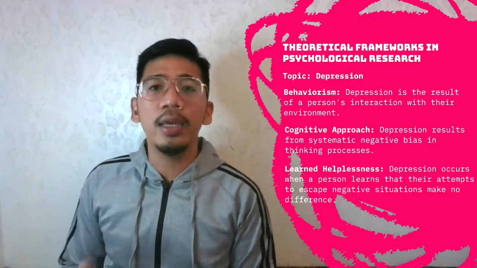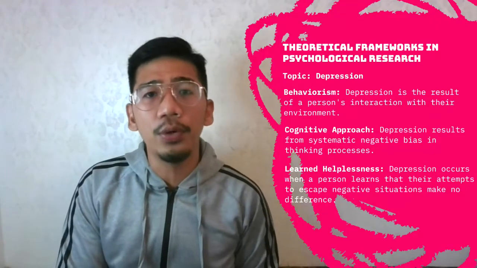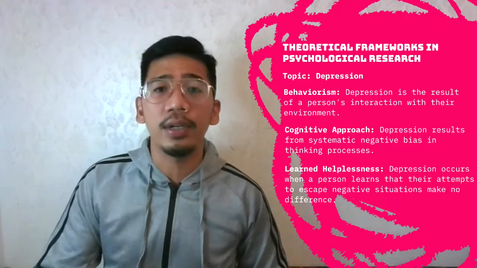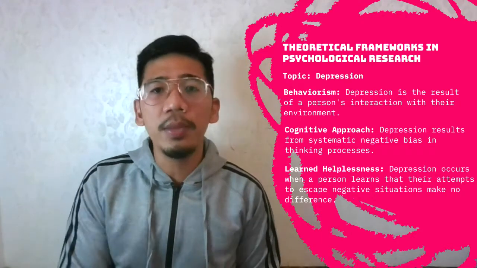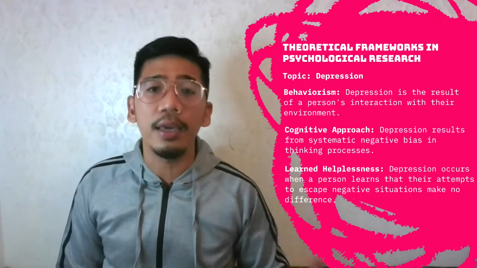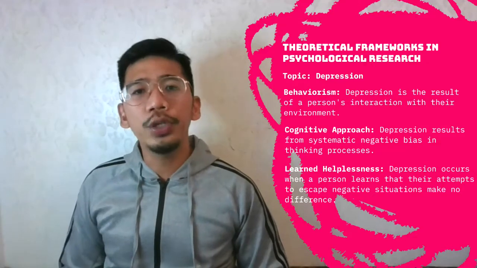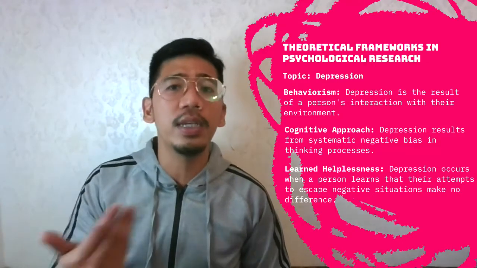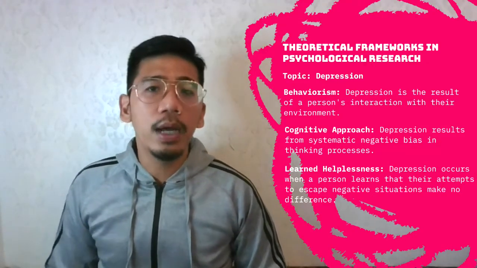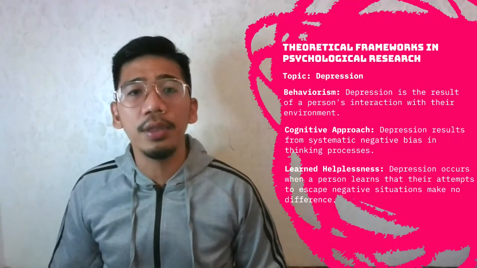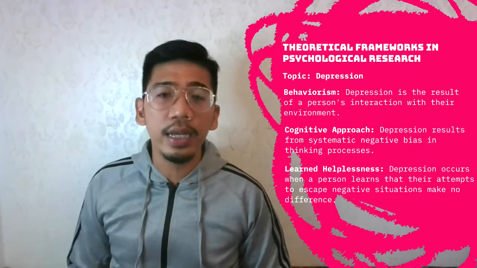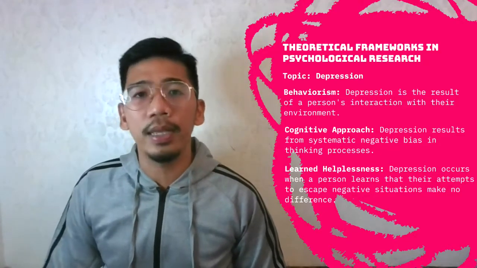On the contrary, the cognitive approach focuses on people's beliefs rather than their behaviors. Depression results from systematic negative bias in thinking processes. Emotional, behavioral, and possibly physical symptoms result from cognitive abnormality. This means that depressed patients think differently to clinically normal individuals.